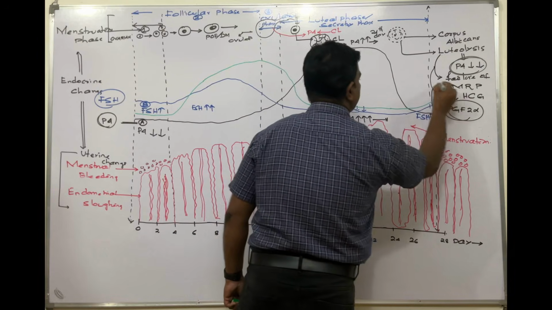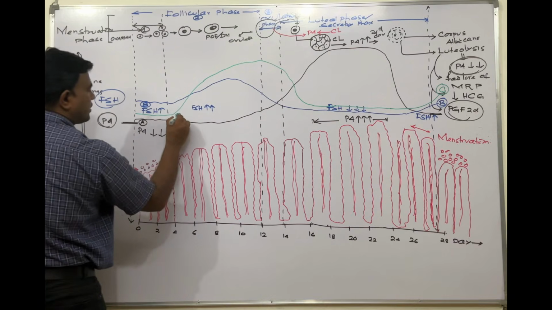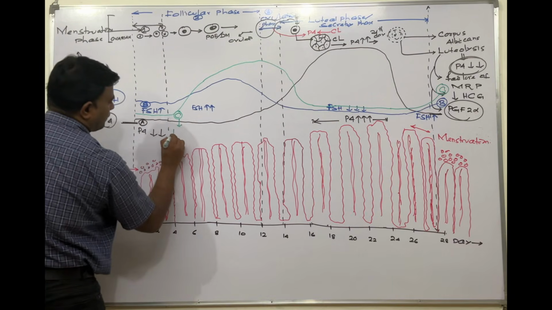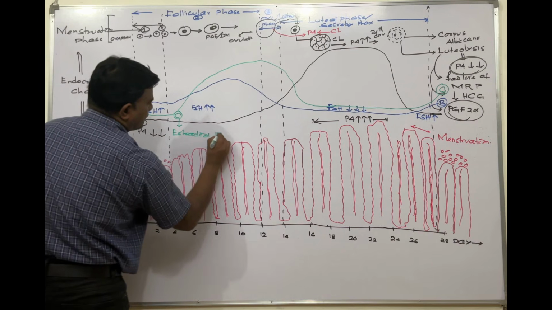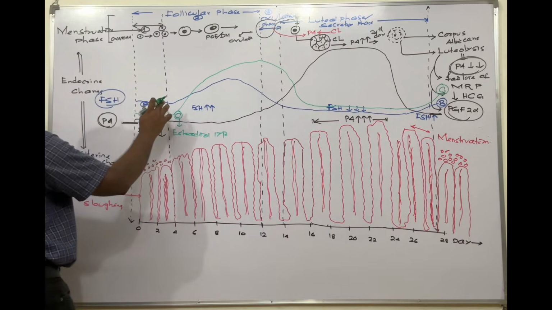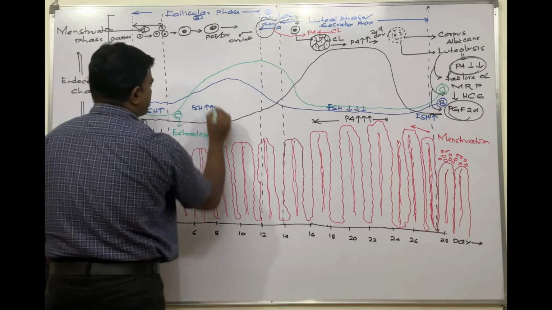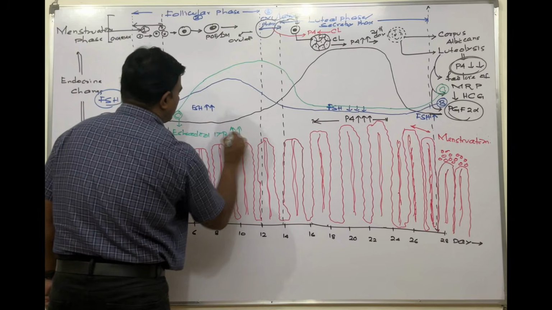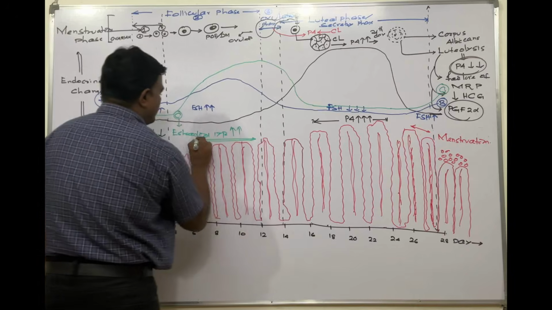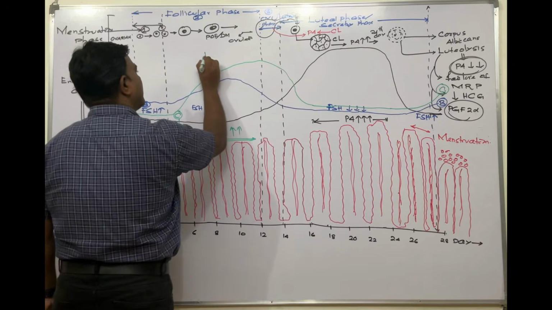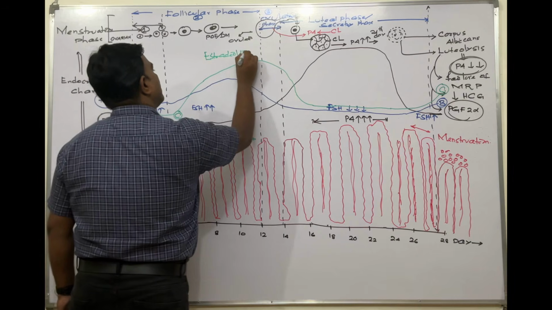This is C. So the green one, C, is nothing but estradiol 17 beta, which is increasing. But during this proliferative or follicular phase, its level is too high. So this is the dominant phase of estradiol. This is estradiol 17 beta.